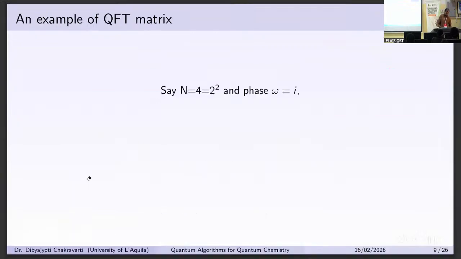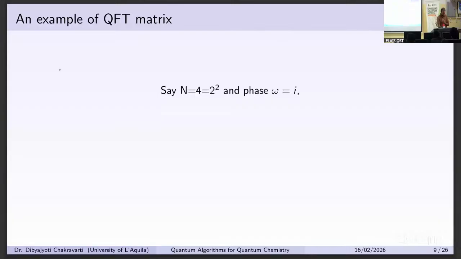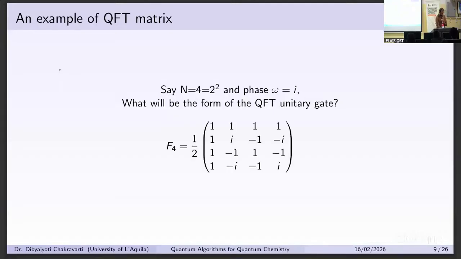Okay. So for example, now you can construct the QFT matrix for n equal to 4. So 4 means 2 squared. The dimension of this will be a 4 by 4 matrix.